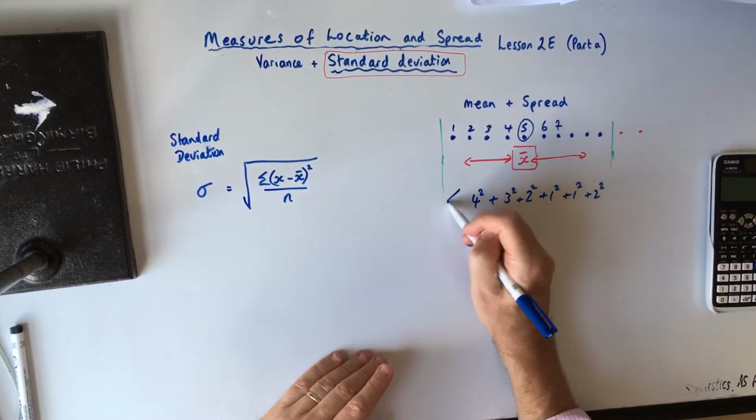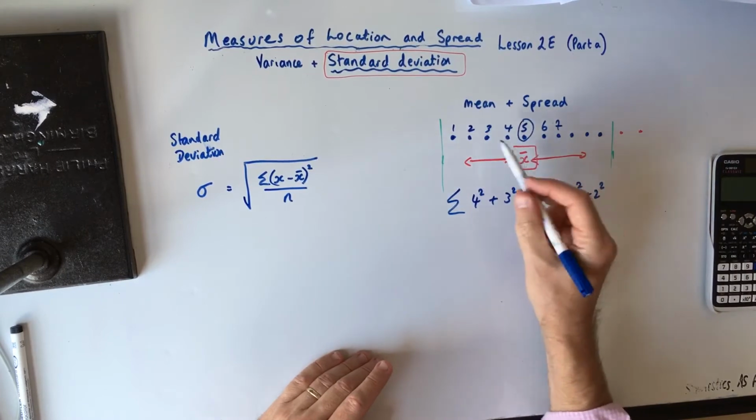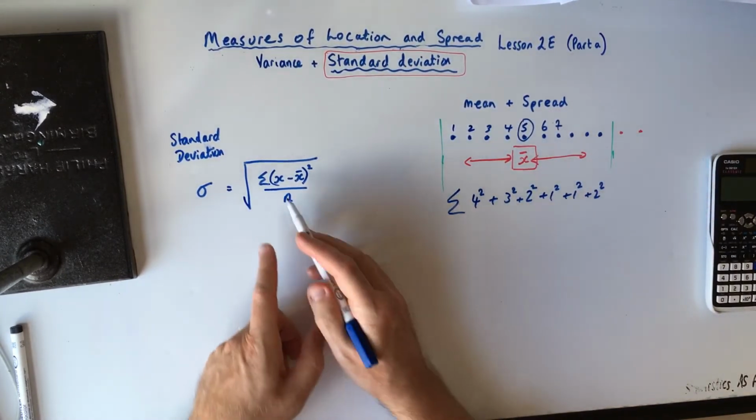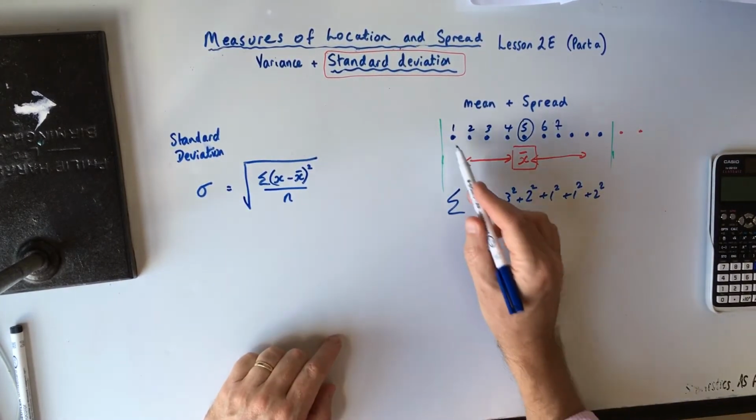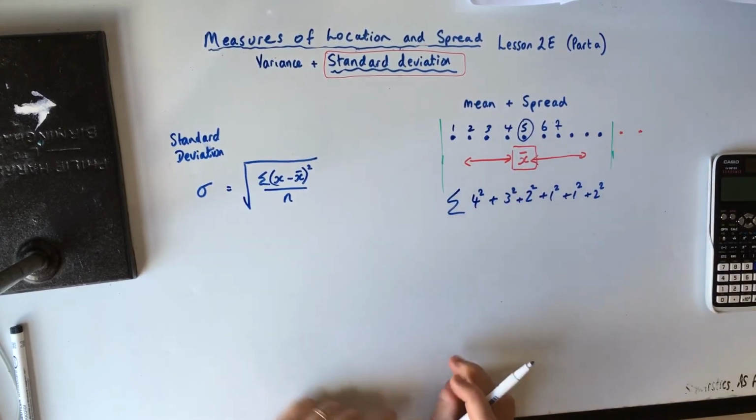So the sum of all of those squares of the differences from the mean, that's what this is calculating, divided by how many there are.